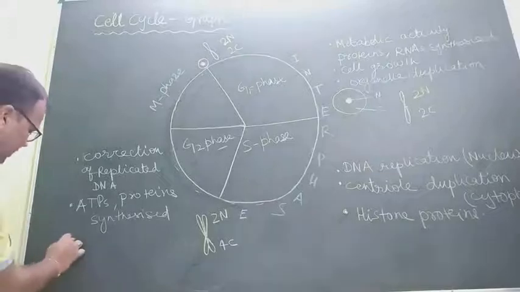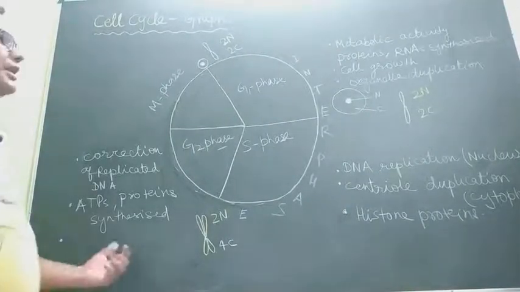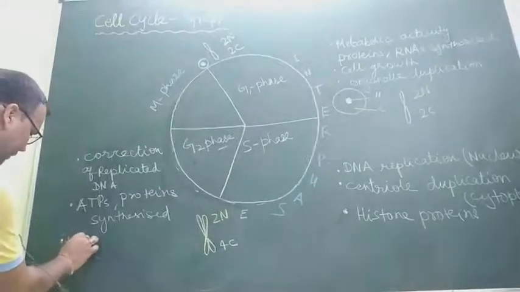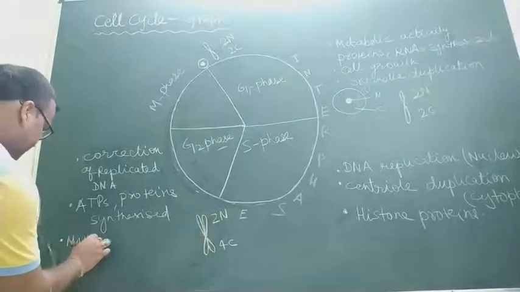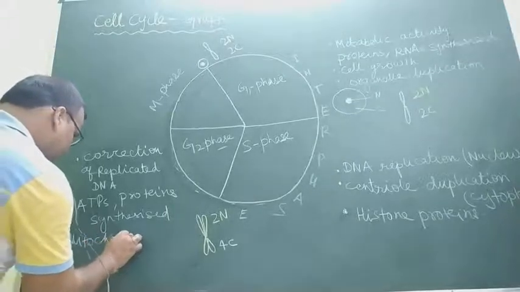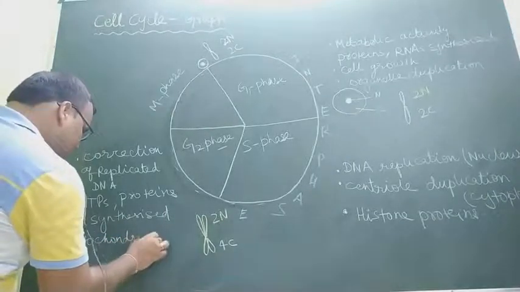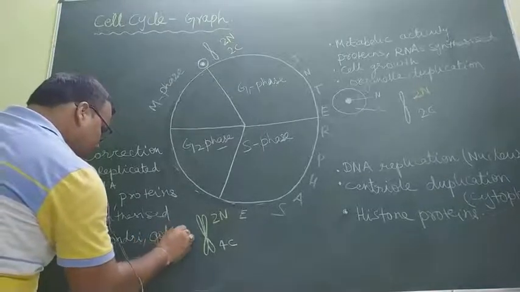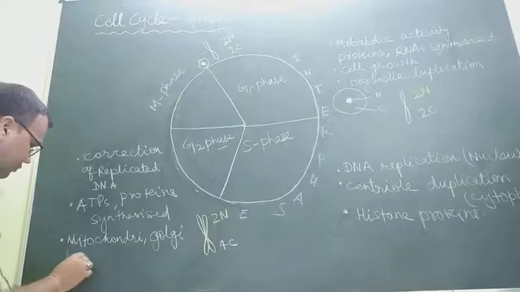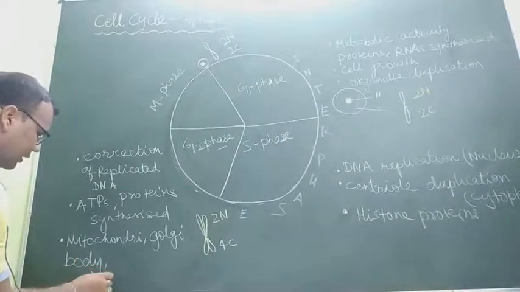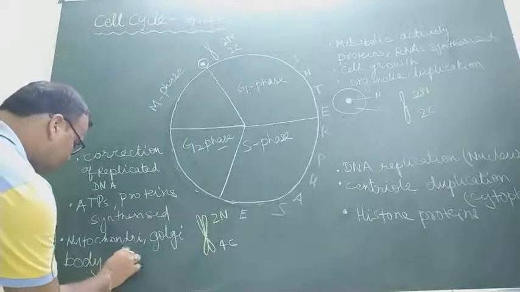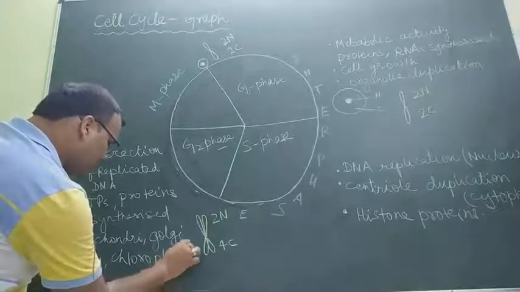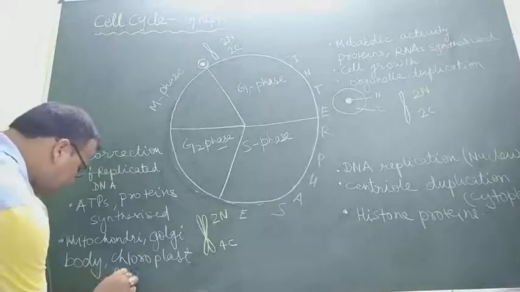The duplication of organelles is not completed in G1 phase, and all these organelles, like mitochondria, Golgi body, and chloroplasts, duplicate.